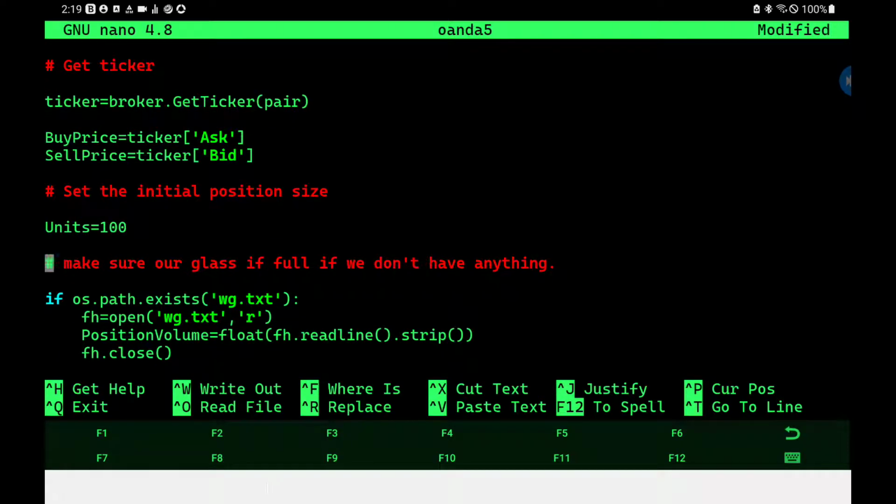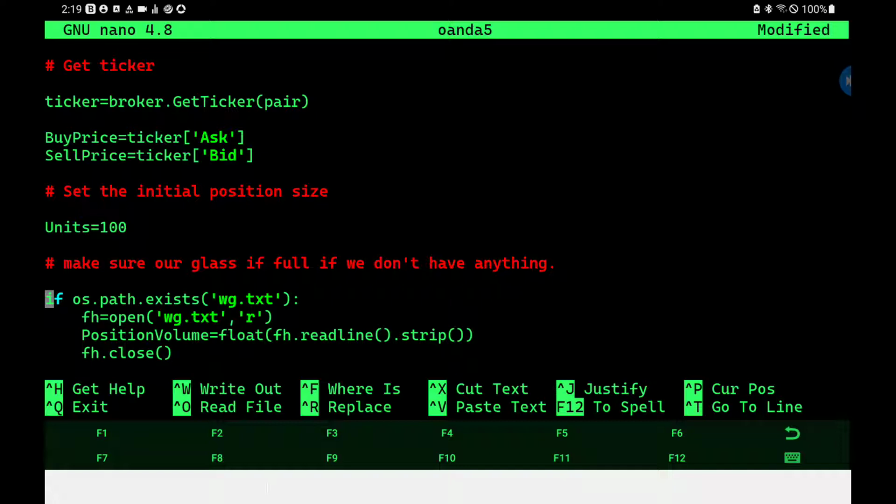Now, we want 100 units. This can be whatever you want, but 100 units is what we want for this program to start with. So now we look for the water glass file, our initial position.